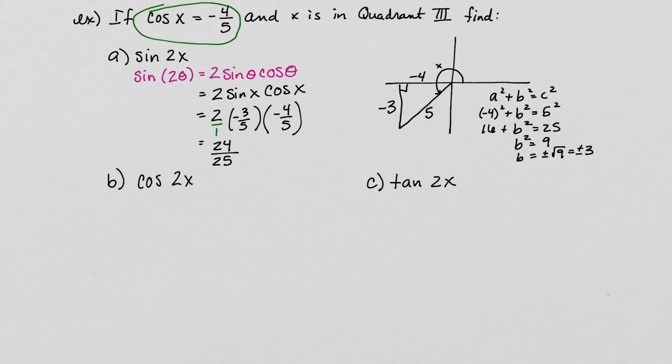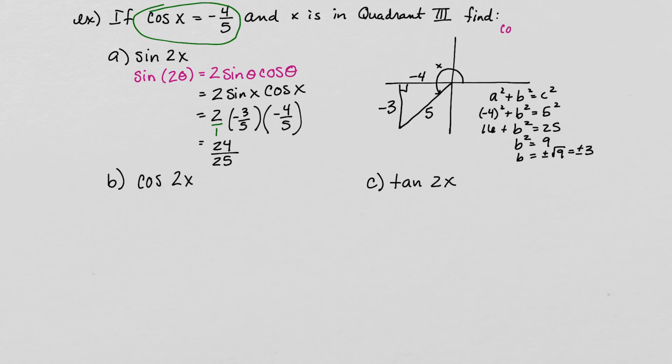The other values work the same way. So if I'm looking for the cosine of 2x, if you go to the sheet and look for the cosine of 2x, there are 3 different cosine of 2 thetas, and you could pick whatever one you want. I'll write them up here so you can see what I mean.